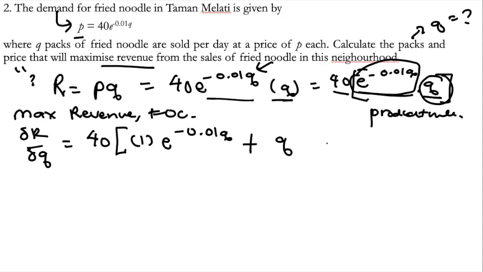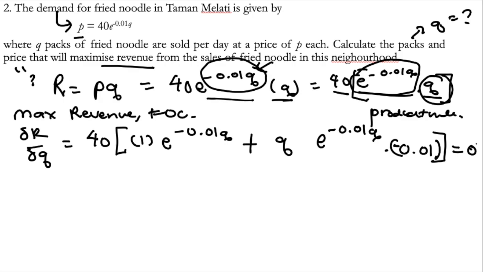I rewrite E to the power of minus 0.01 Q, and then differentiate this with respect to Q. When we differentiate it with respect to Q, we multiply by minus 0.01, Q becomes 1, and it is gone. Okay, and then close the bracket.